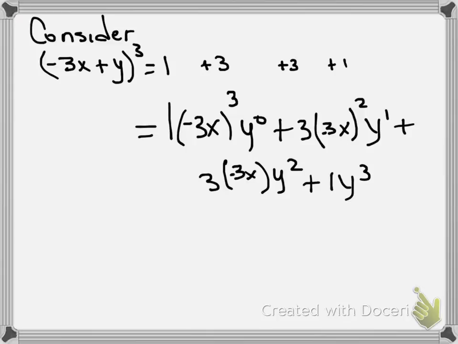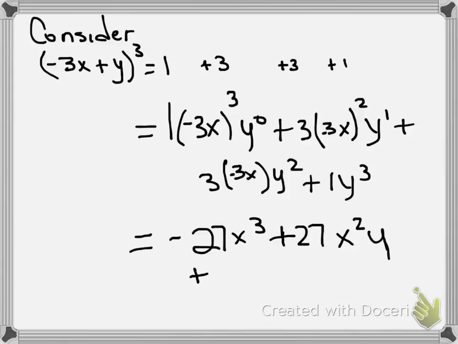So, as a result, ladies and gentlemen, we end up with -27x^3 + 27x^2y + 9xy^2 + y^3. This is what the answer is. I did less work.